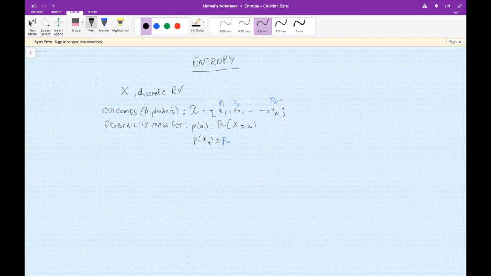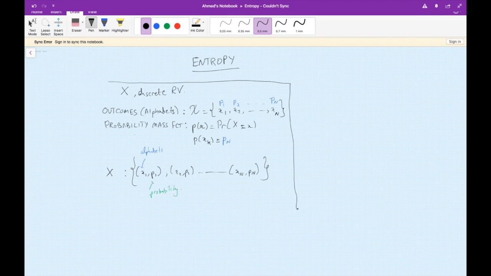So really you can define a random variable x as pairs of outcomes with probabilities: x1 p1, x2 p2, and so on, till xn. Those are the alphabets, those are the probabilities. So this is all we need for defining what a probability mass function and alphabets are.